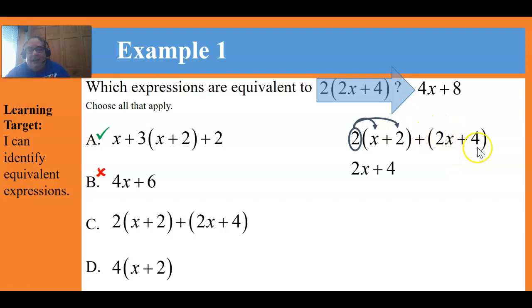So I just think that in terms of simplifying means, no parentheses. I don't really need those parentheses there as a grouping symbol anymore. So I'm just going to get rid of them. Everything inside had already been simplified. There's no distribution involved. So now I've got 2x plus 4 plus 2x plus 4, and combine the like terms. So I see my 2x plus my 2x, that was 4x, and then positive 4 plus 4, that would be plus 8. So again, here we have another set of equivalent expressions.